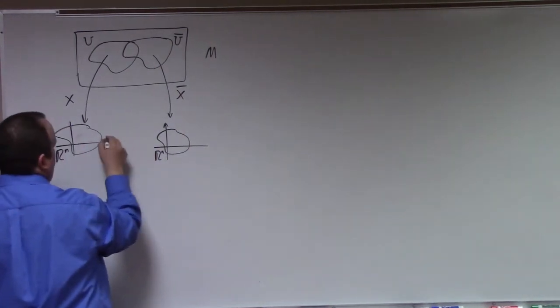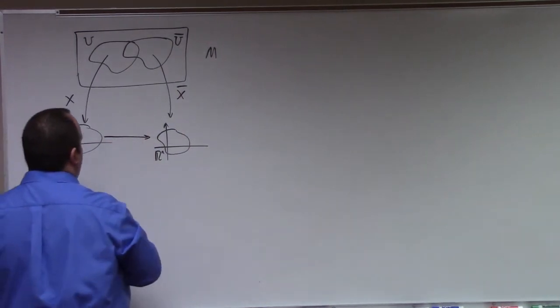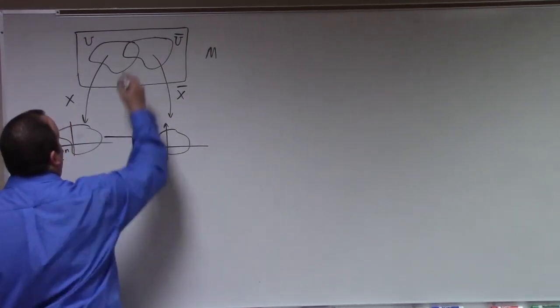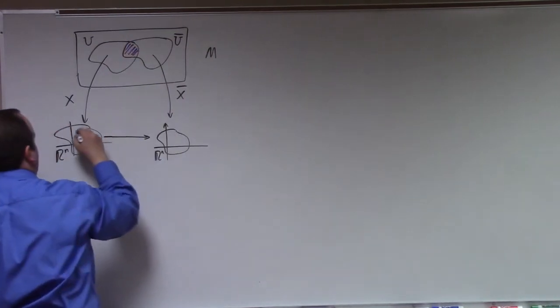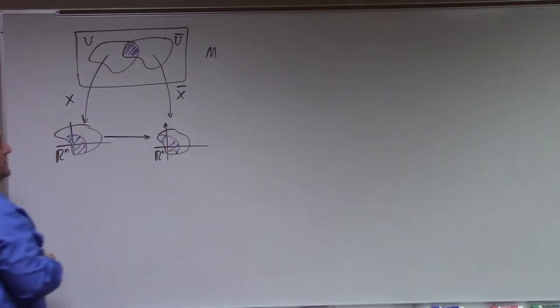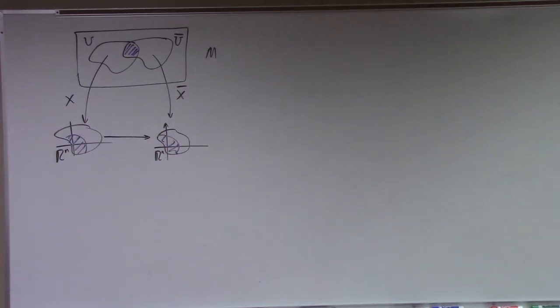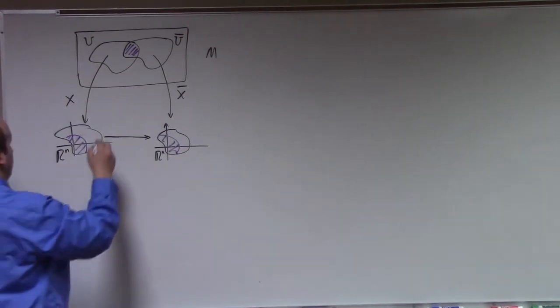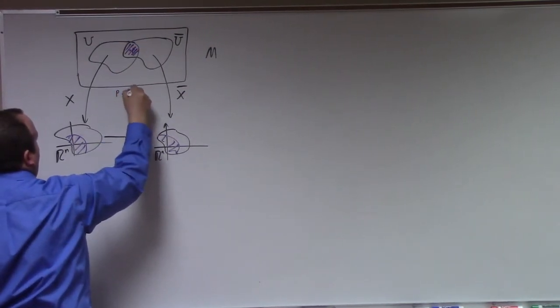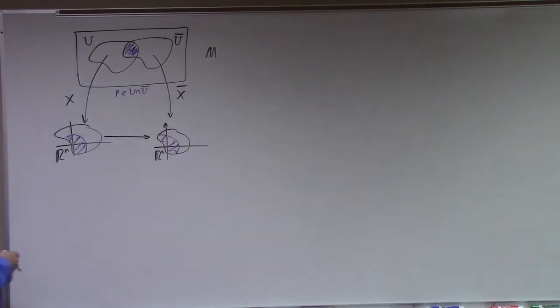So going from here to here, we're looking at what map? In particular, you can look at the overlap of the charts right here. Not going to be so fussy, but for the overlap of the charts, U intersect U bar, you pick a point in here, and there you can compare the x versus the x bar coordinates. How should they compare? What's the map that relates these two?